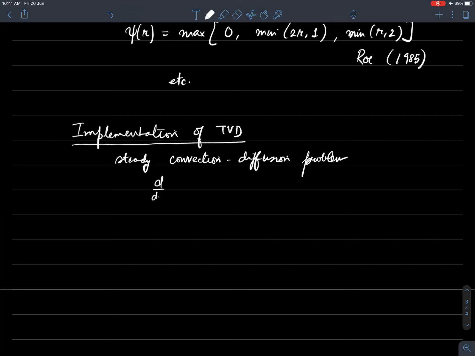The steady convection diffusion problem says, and again I'm doing it in 1D only, that d by dx of rho u phi is d by dx of gamma d phi dx.